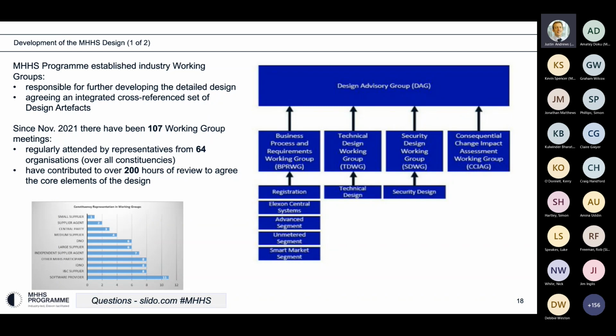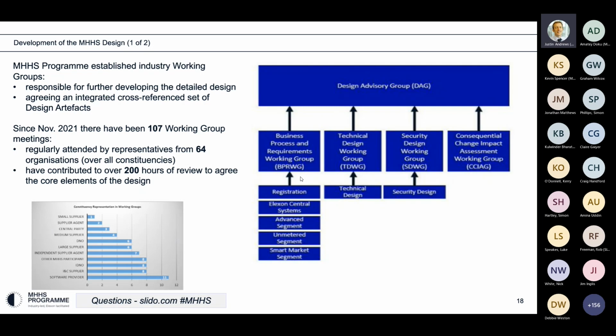And for those who have seen the various documentation or the program description, you see that the design advisory group is a level 3 group, and they have all these level 4 groups reporting to them. That's where the heavy lifting has been done over the past 8 or 9 months, from November last year, with the majority of work being done by the business process and requirements working group, the BPRWG.